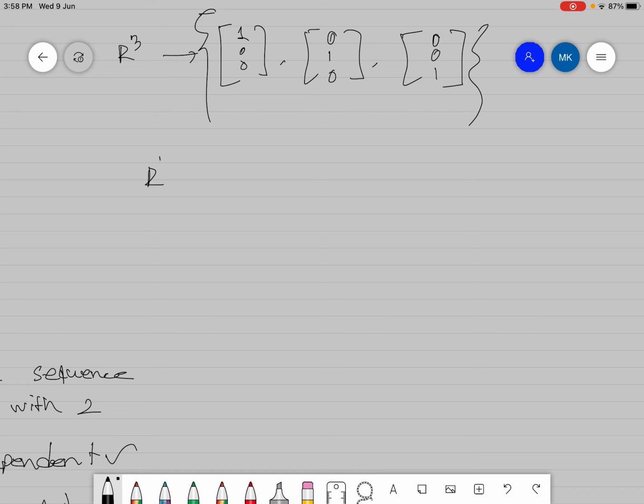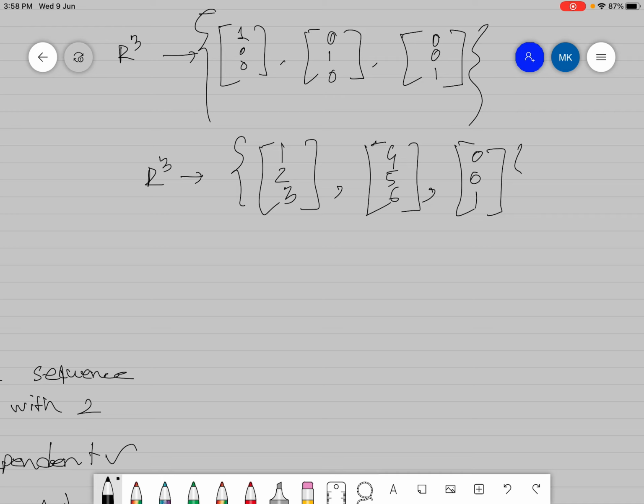For example, I could take 1 2 3, 4 5 6, and 0 0 1. If I can prove that these three columns are independent, they can span the whole R3, because their dimension is 3.